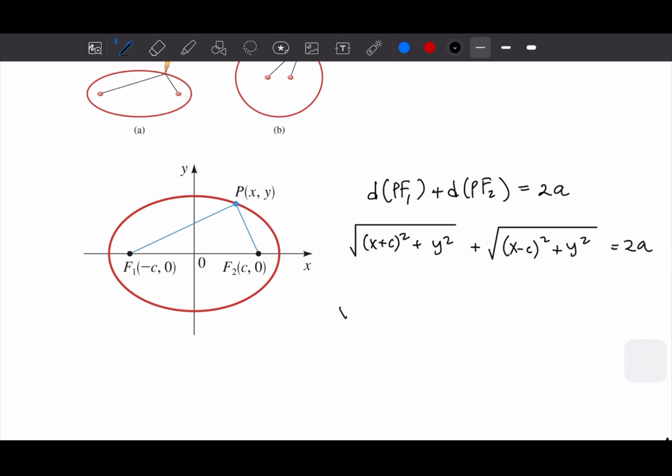Okay, and then we move this part out, so 2a minus, and then we square each side.